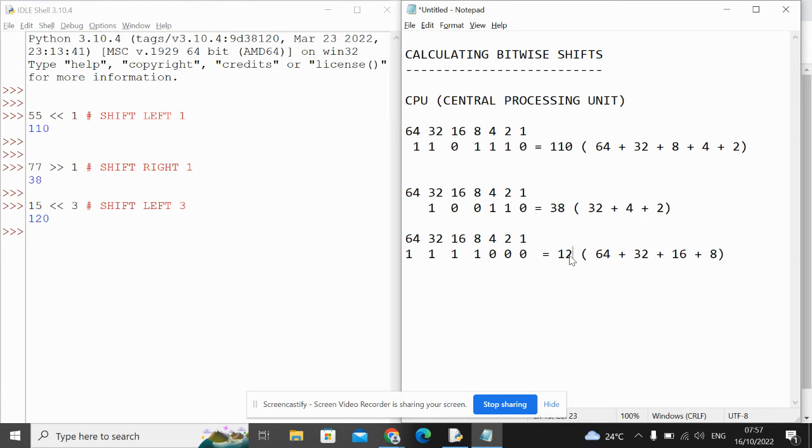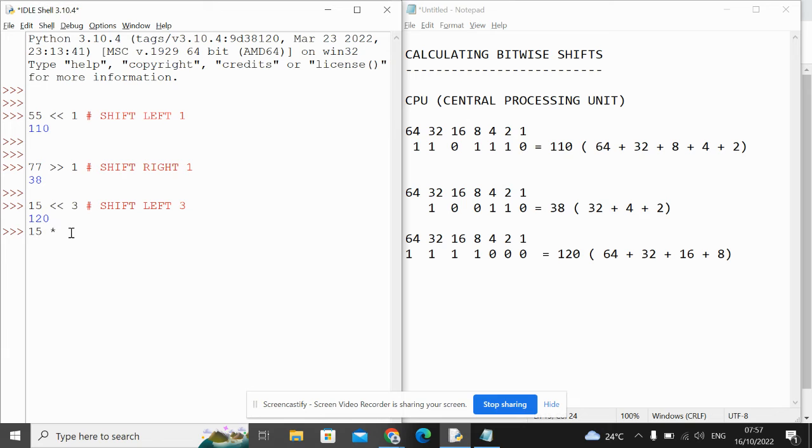So we can see why the answer is 120. Another way of thinking about this is, okay, 15 got doubled, it then got doubled again, it then got doubled again. So shifting to the left 3 times is equal to doubling a number 3 times.